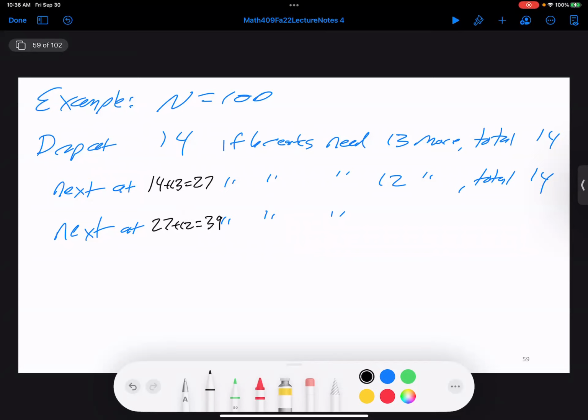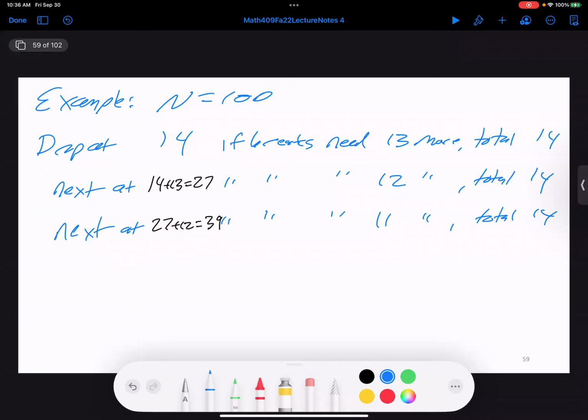So I start my first drop at floor 14, the next drop at floor 27, the next drop at floor 39. If it now breaks, I just moved up 12 floors. So how many more drops is it going to take? 11. So the total is 14. So in each scenario, I'm having it always take 14 drops.